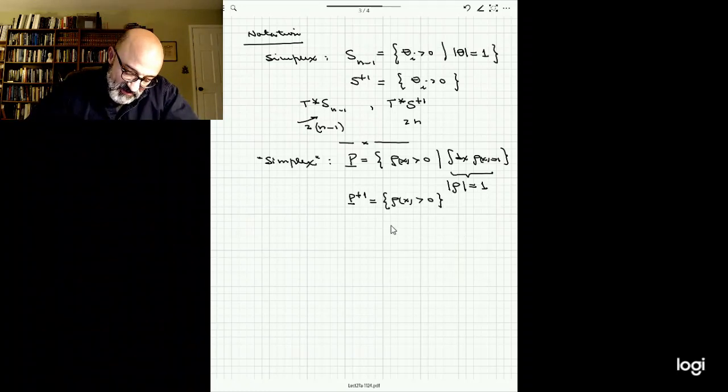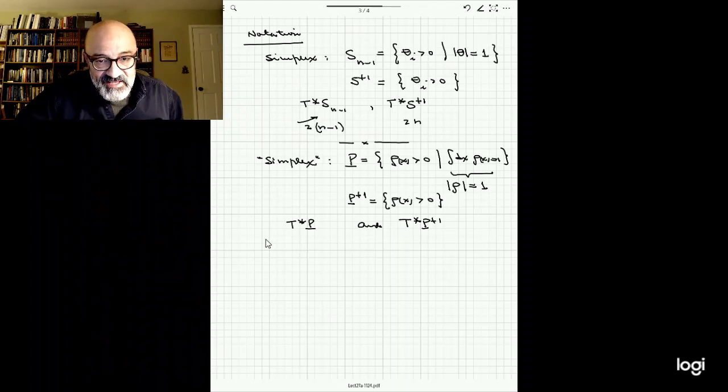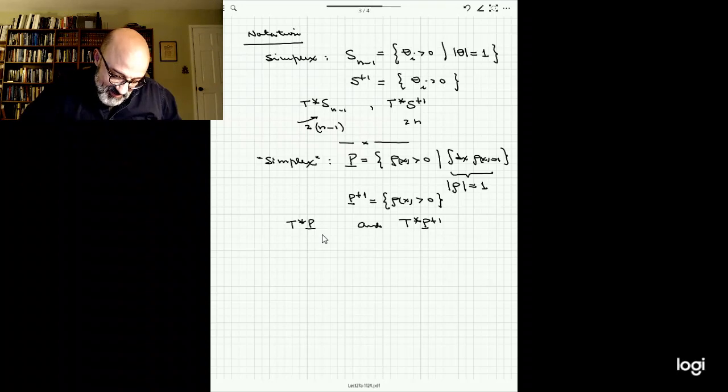And associated to these, we're going to have the cotangent bundle of P and the cotangent bundle of P plus 1. So this one is going to have infinity minus 1 dimensions, and then this doubles it.